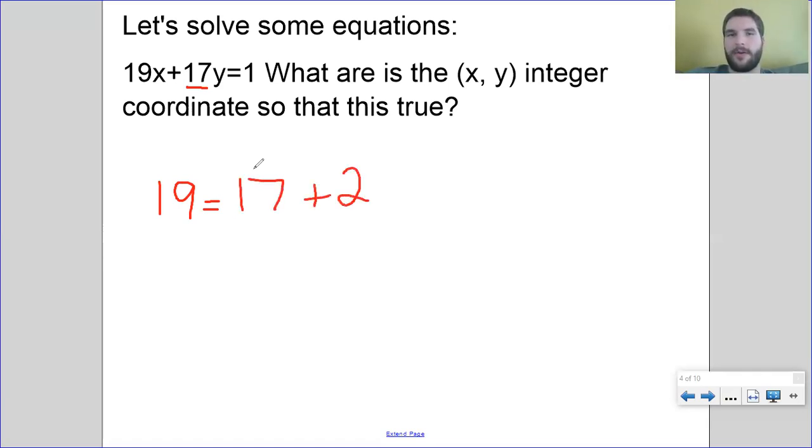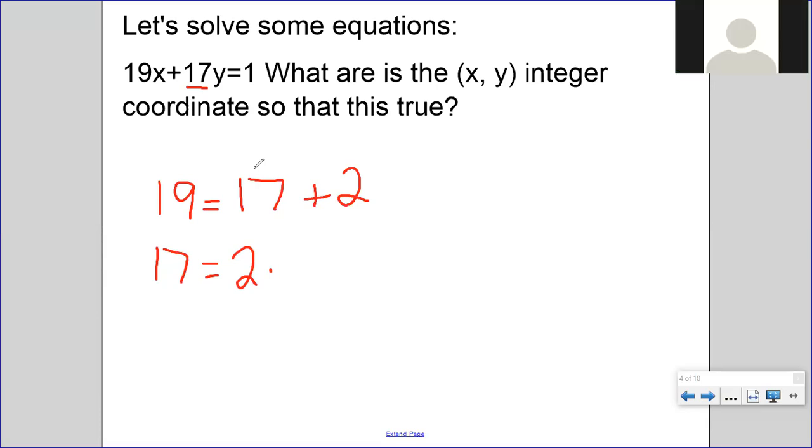So then what's 17 equal to, in terms of 2 and other things? We want to see if we have any remainders. So how many times can it go in, and then what's the remainder from there? 8 times, with a remainder of 1. 17 is 2 times 8 plus a remainder of 1.